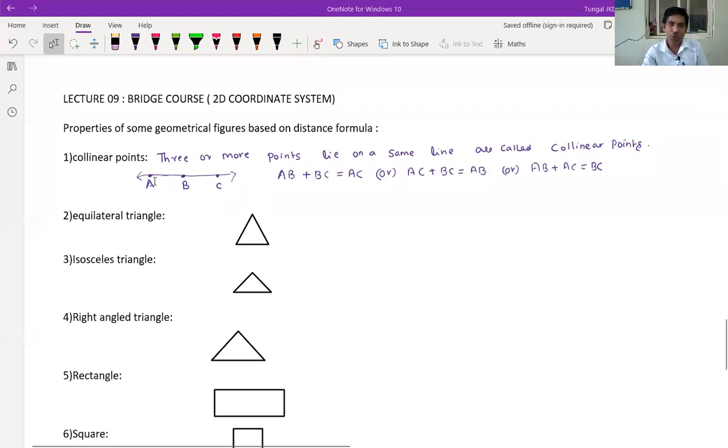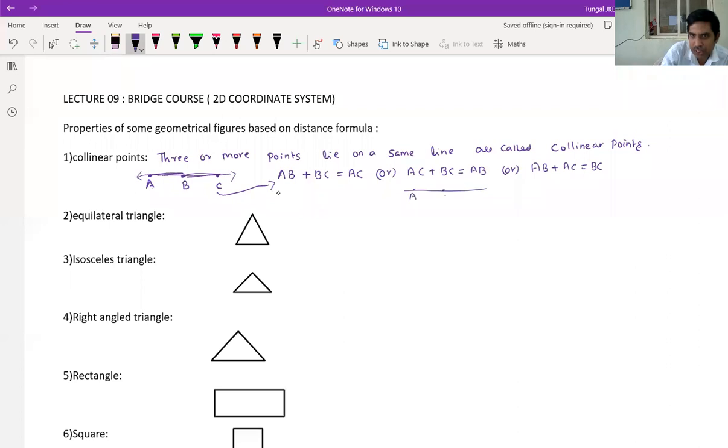It depends on the position. See here, suppose this is A, B, C, so the AB distance plus the BC distance is equal to AC distance. If you interchange these three positions, you will get it like this. For the second one, the position is A, C, B: AC plus BC is equal to AB.